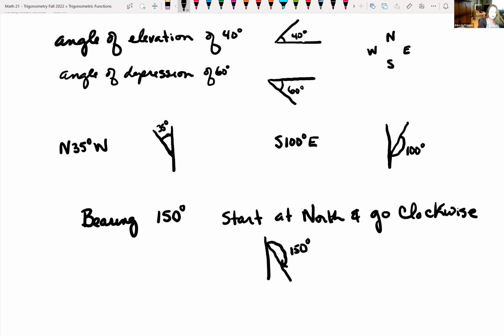Now we've got some terminology that we may be using when we're looking at some of these applications. Before we jump into an application, let's look at a right triangle. Given information about that right triangle, we want to find what they're asking. Let me pull up an example.